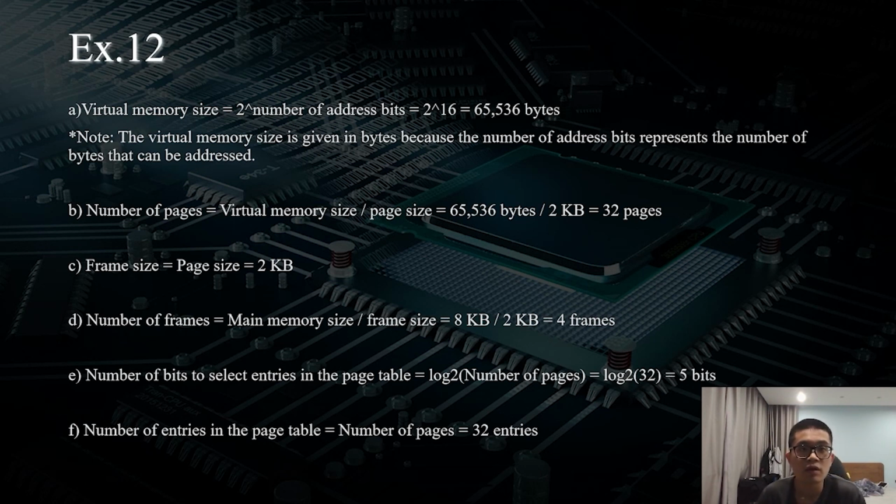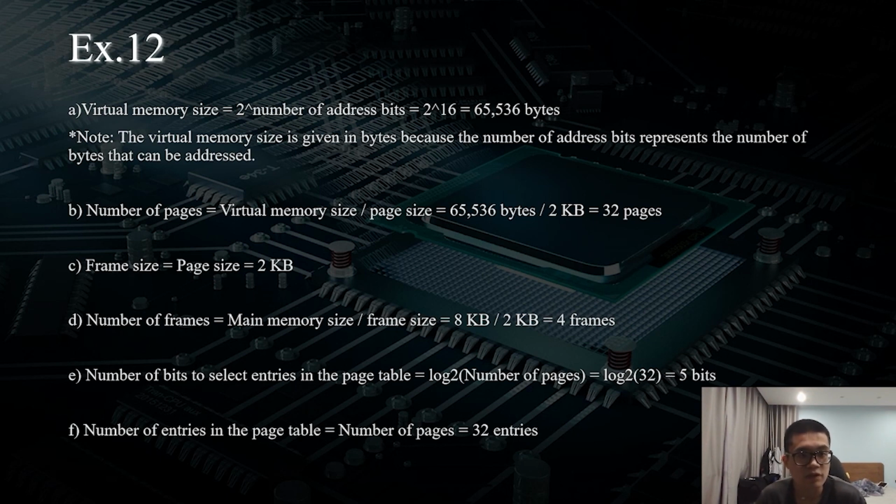So the A question, the virtual memory size equals 65,536 bytes. B question, the number of pages equals 32 pages. The C question, frame size equals 2 kilobytes. The D question, the number of frames equals 4 frames.